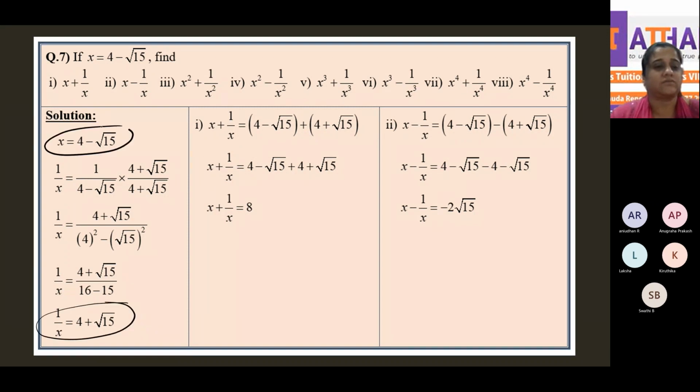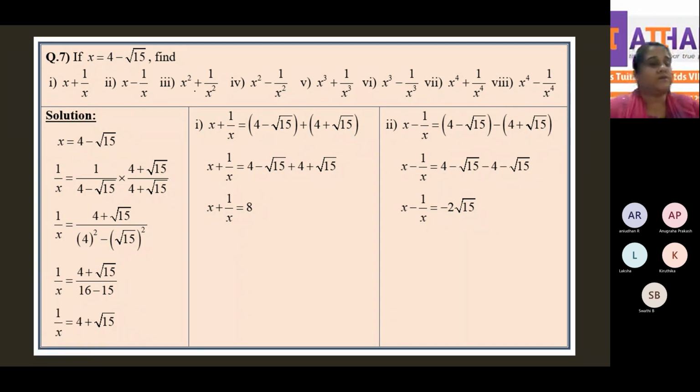This is x. So this is x plus 1 by x, and this is x minus 1 by x. So it will become 4 minus root 15 minus 4 minus root 15. When you open the bracket, minus into minus, minus into plus, minus root 15. So 4 and minus 4 will get cancelled. Minus root 15 minus root 15 is minus 2 root 15. All right.